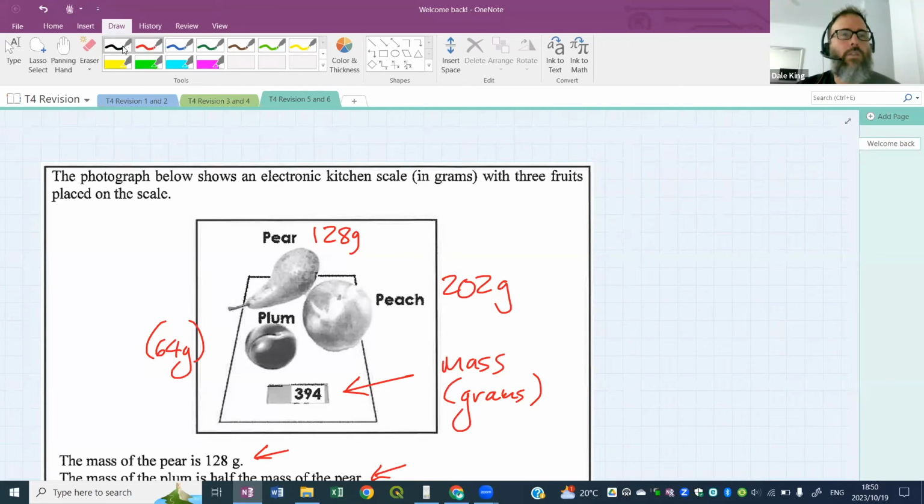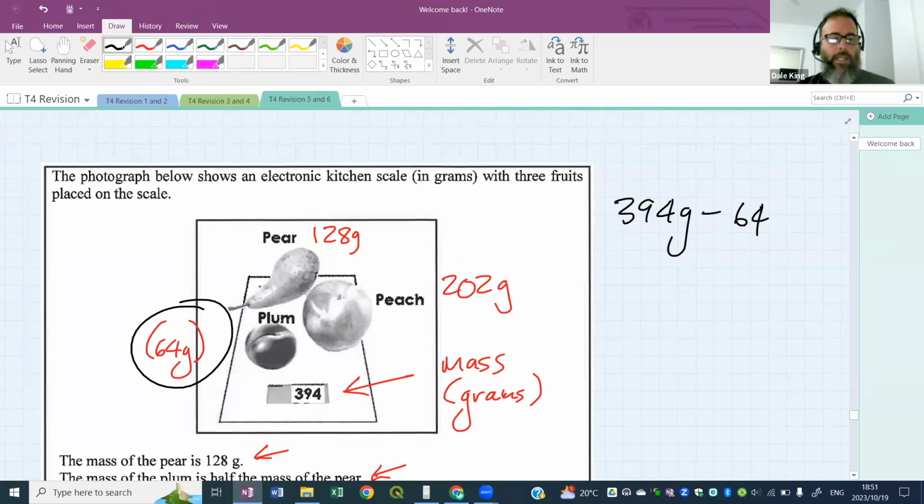All right. What can we do? Sir, I said 394 minus 64 minus 128 gives me 202. All right. So 394 minus 64. Now, if you write this in the exam, you see we wrote 64 here in the beginning. So this 64, we've got to show the marker how we got it.